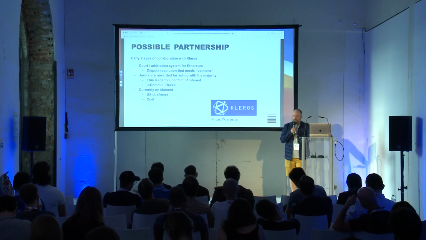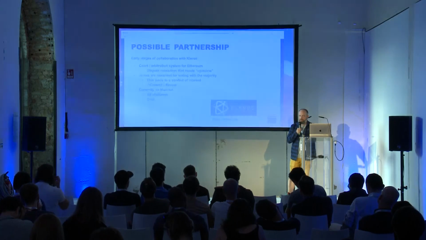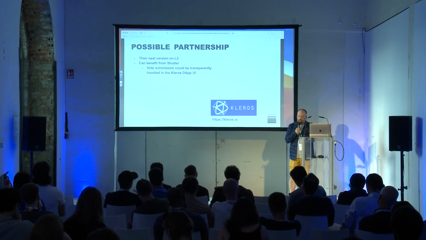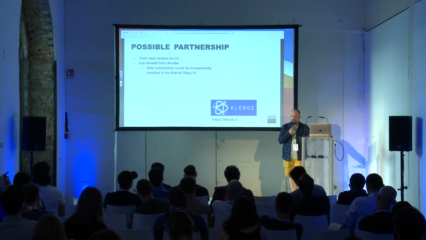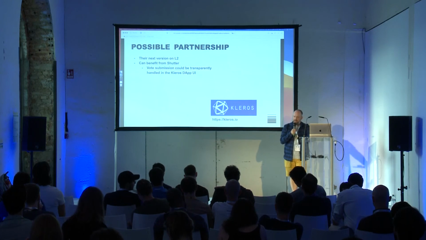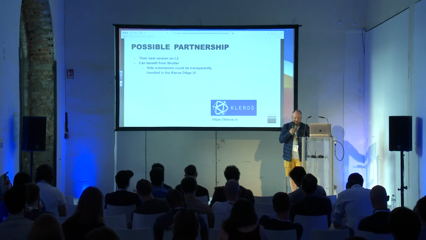But it's a problem if the jurors just do this to gain profit and not to actually vote and solve the case. So the next version is going to be on some rollup, and there is where we are looking to implement Shutter in some way, as I described before, to solve the commit reveal scheme with optimized UX, basically.